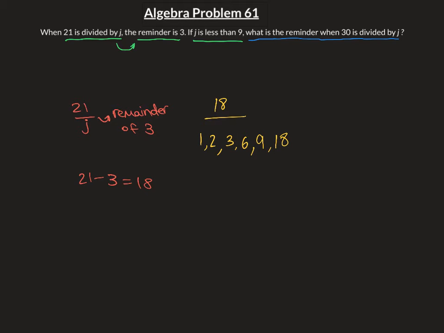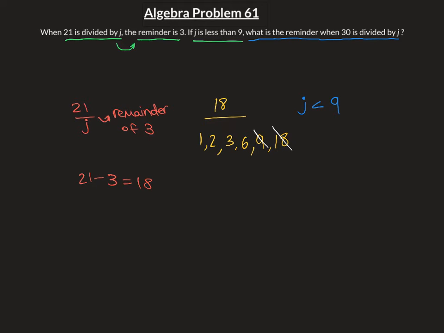The next thing we have to do is go into our next piece of information. If j is less than 9, that blocks out 2 possible combinations. It blocks out 9 and 18.